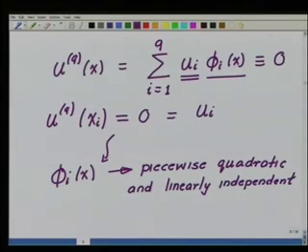What about completeness? For completeness, what do we want to do?